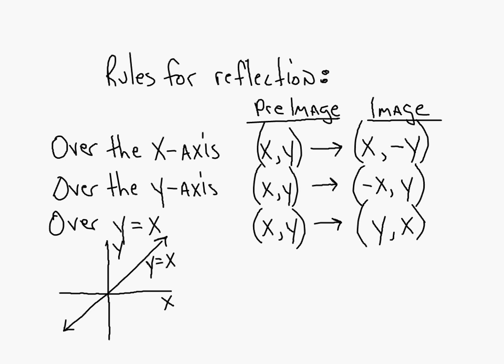Meaning, if this point was at 3, 4, after the reflection, the point will be located at 4, 3.